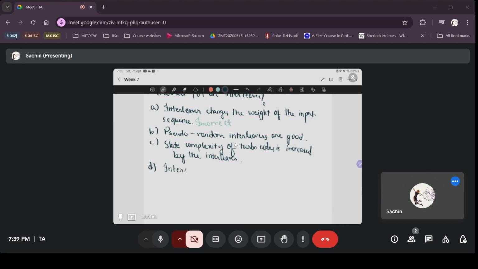Interleaver affects the performance of turbo codes in the error floor region. That's also true. So we can be sure that only the first option is incorrect.